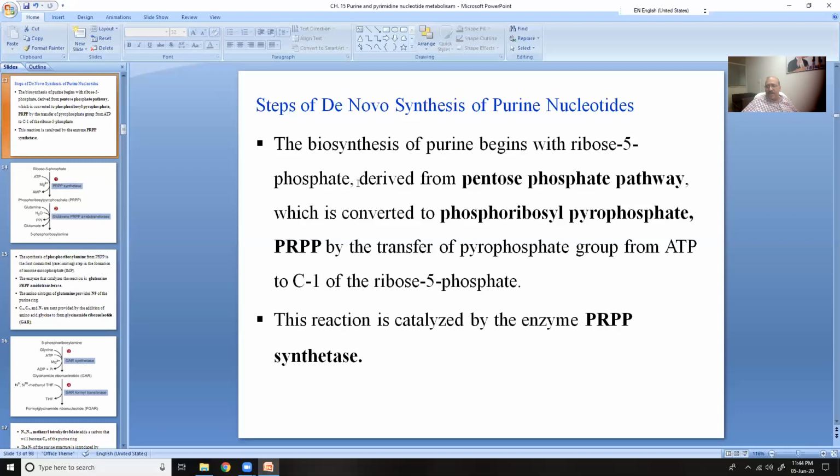It is our HMP shunt, the pentose phosphate pathway, and it is converted to phosphoribosyl pyrophosphate, PRPP. How is this pentose phosphate changing to PRPP? By the transfer of a pyrophosphate group from ATP to C1 of the ribose 5-phosphate. The reaction is catalyzed by the enzyme PRPP synthetase. So we will be getting the PRPP.